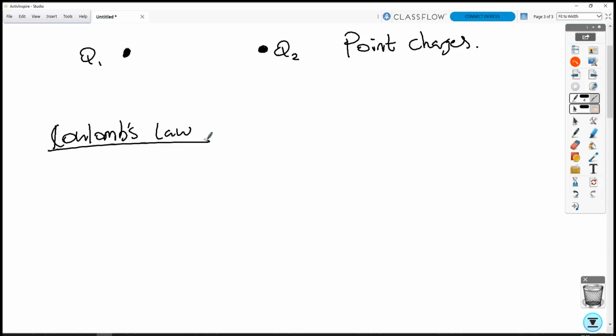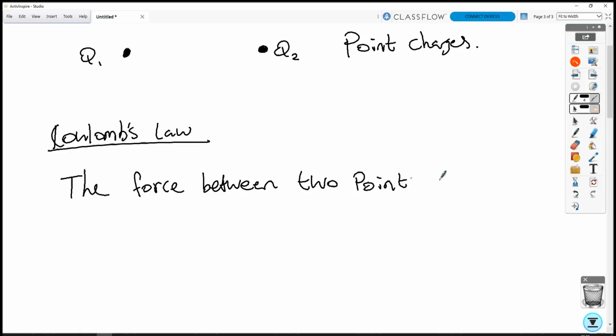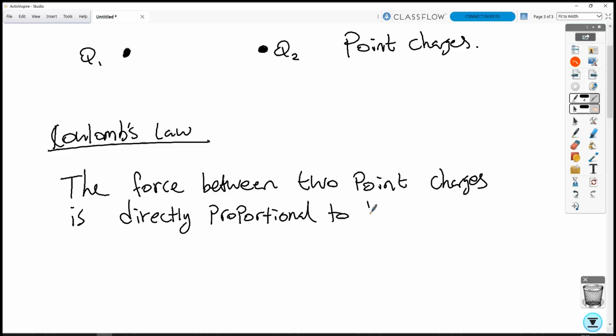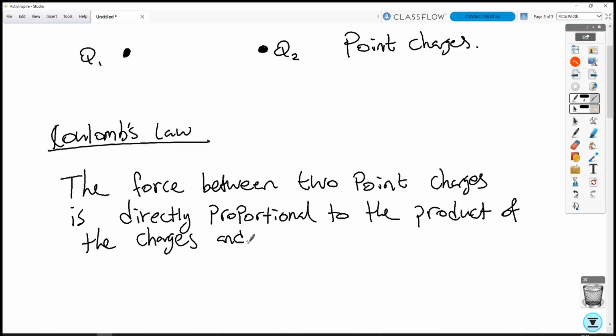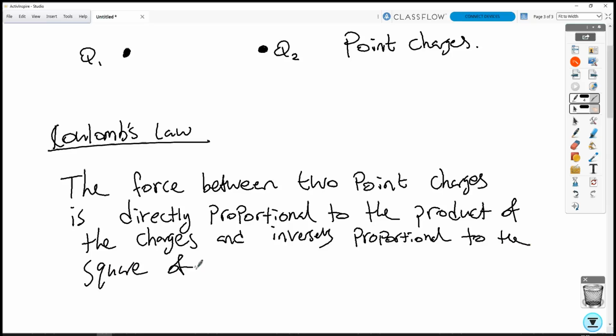It says that the force between 2-point charges is directly proportional to the product of the charges and inversely proportional to the square of separation.